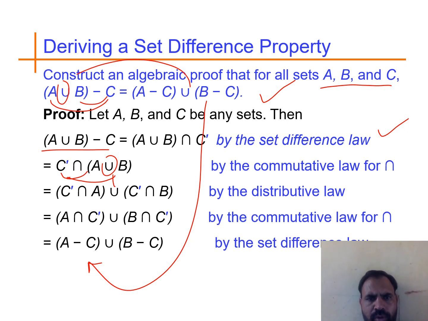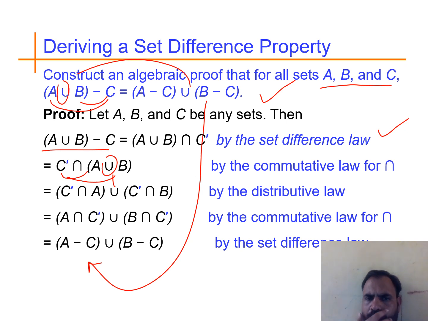This is a distributive law. So by the commutative law for intersection, you can say that A intersection C complement is equal to this, union this.